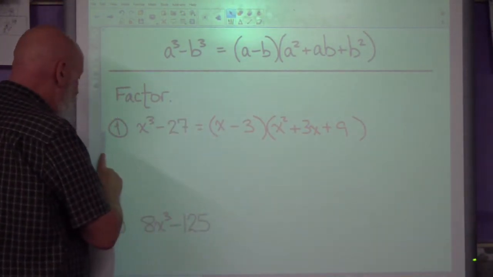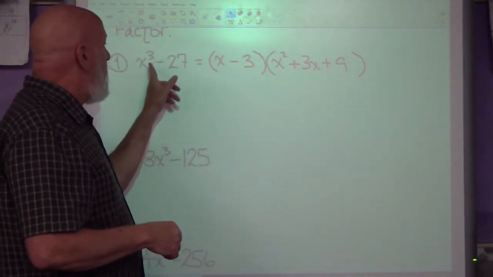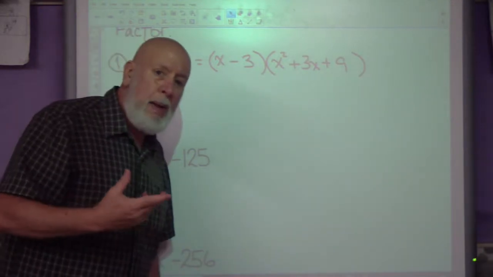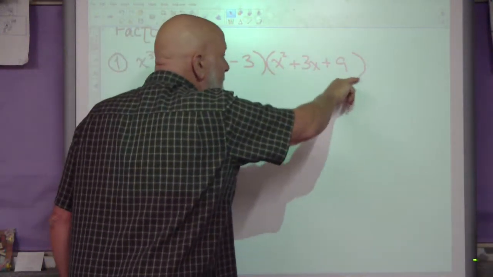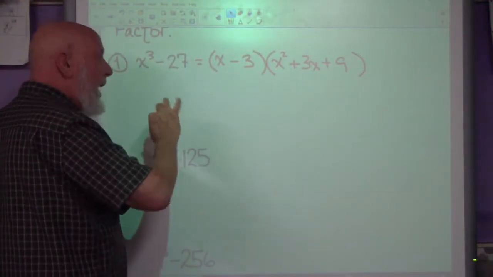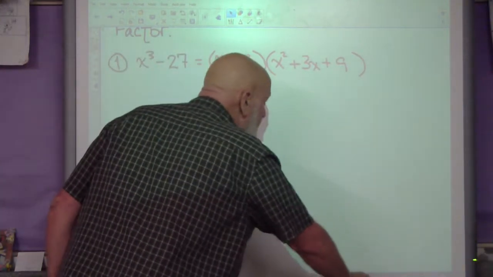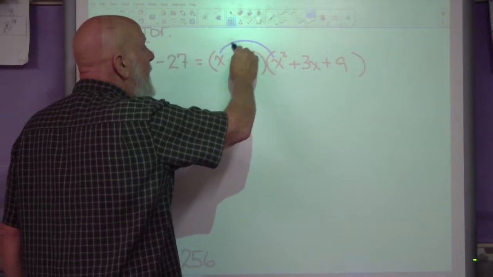For this one, I'm going to go ahead and do that just to demonstrate that it will equal x cubed minus 27, but you won't be asked to do this. I'm just going to demonstrate that multiplying this times this mess will make a big, long polynomial, but everything will cancel out except x cubed and negative 27. So here we go. I'm going to distribute this.